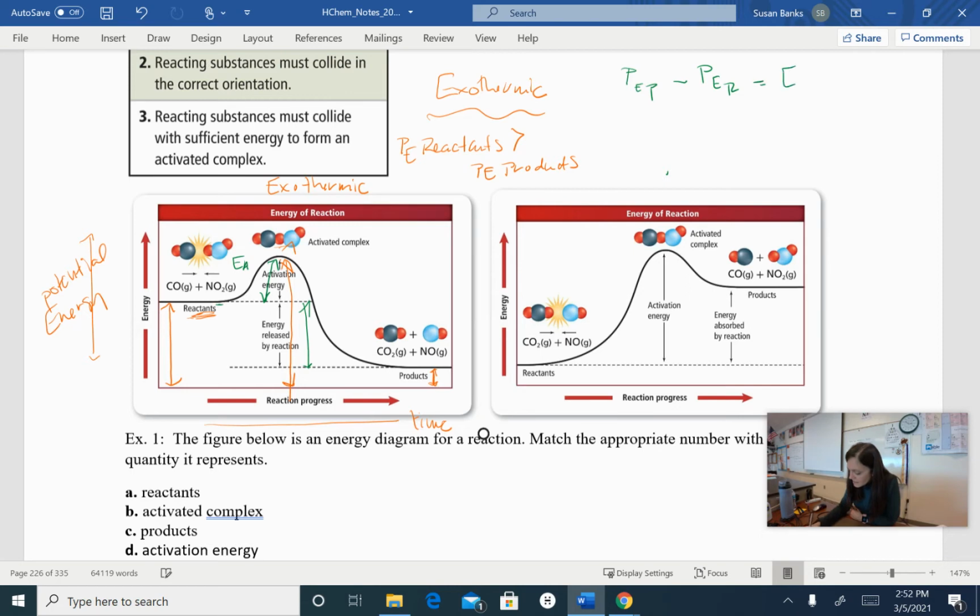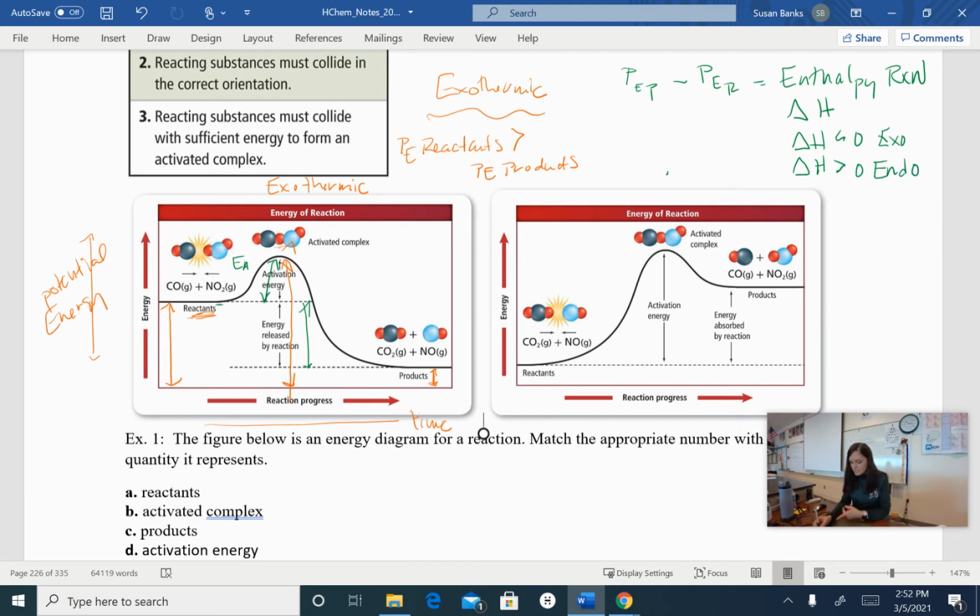This is the enthalpy of the reaction. Sometimes this is called delta H. So if the delta H is negative or less than 0, we have an exothermic reaction. If that delta H, on the other hand, is greater than 0, we have an endothermic reaction.